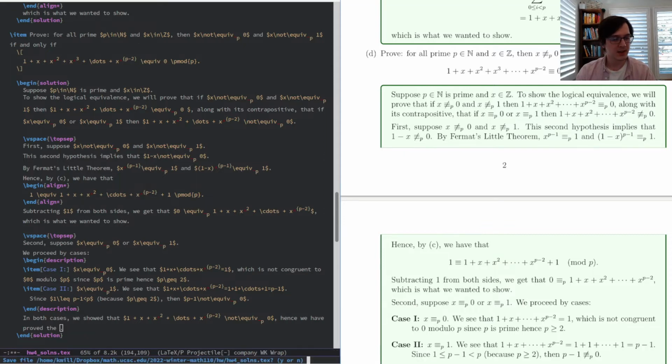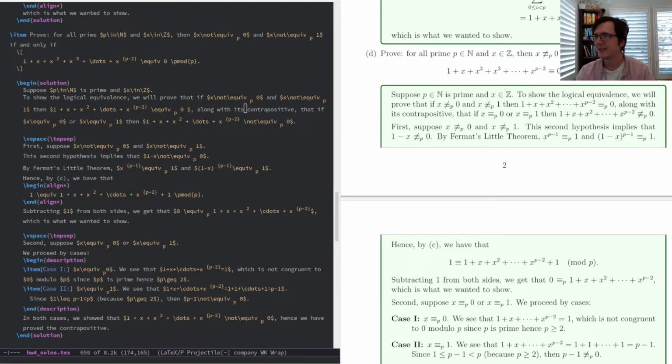Oh, no, contrapositive. No, wait, why am I calling this the contrapositive? I just forgot what this one's called.